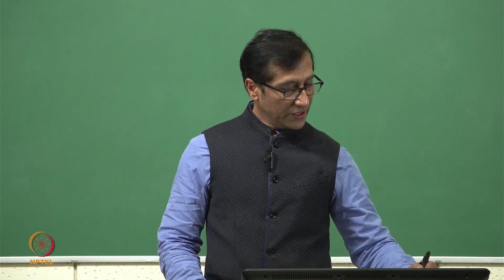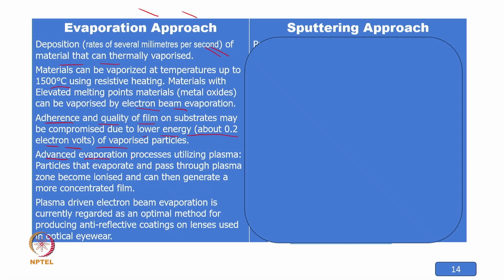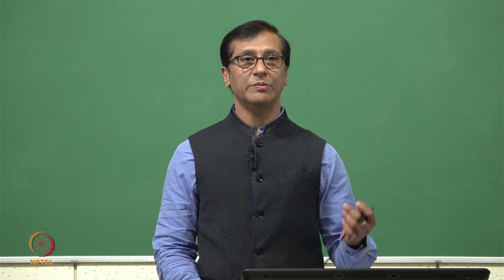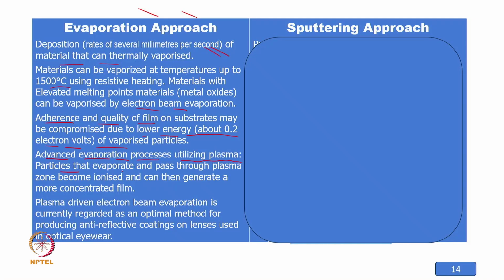Of course, for that purpose we require advanced evaporation processes, also utilizing plasma, because plasma is the fourth state after gas, and naturally the energy level will be on the higher side. So particles that evaporate and pass through the plasma zone become ionized and can generate a more concentrated film.